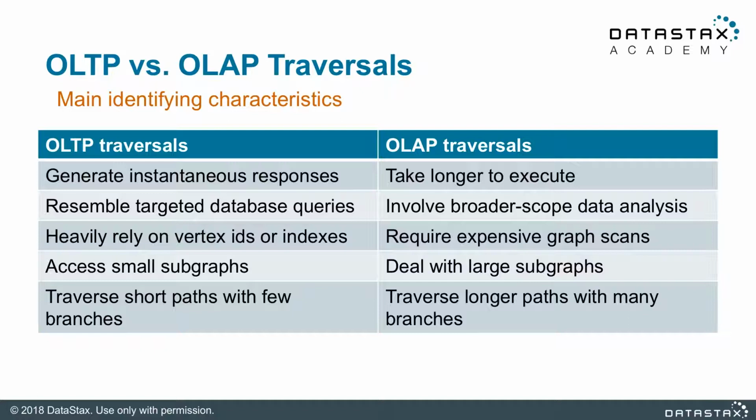They use vertex IDs or indexes to access those few things, and further may access a small subgraph by traversing relatively short paths. In contrast, OLAP traversals may take time to execute and usually touch many things in a graph, traverse large subgraphs and longer paths, as well as rely on scan access patterns.